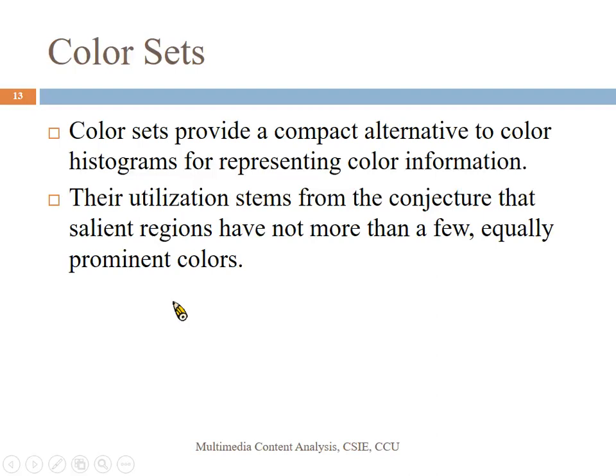So color set provides a compact alternative to color histogram for representing color information. And if you simplify color histogram, you may have information loss. But that would be a compromise between retrieval accuracy and retrieval efficiency.